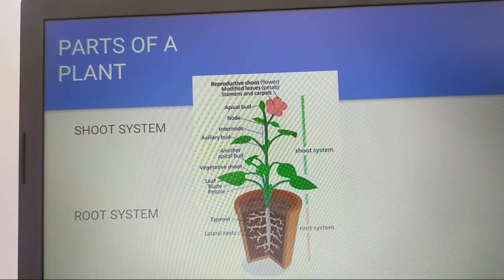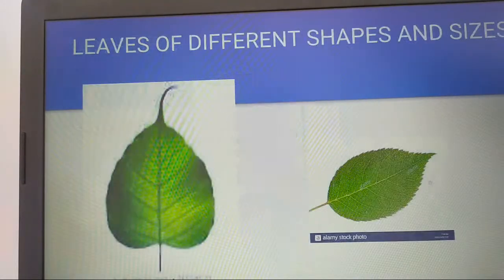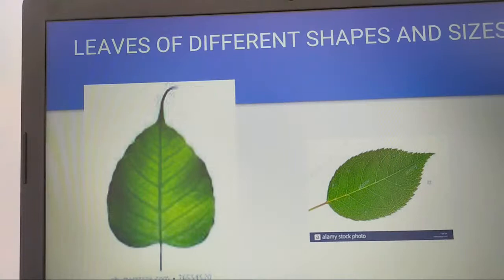Then, moving on to the next point, here you can see leaves of different shapes and sizes. One picture shows a peepal leaf, and the other one, the smaller one, shows a rose leaf. Leaves have different shapes and sizes.